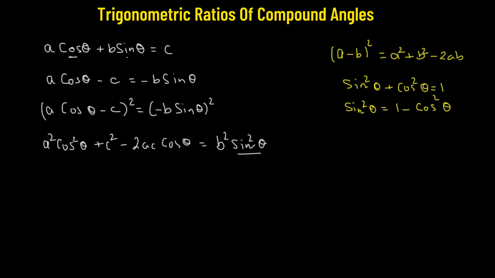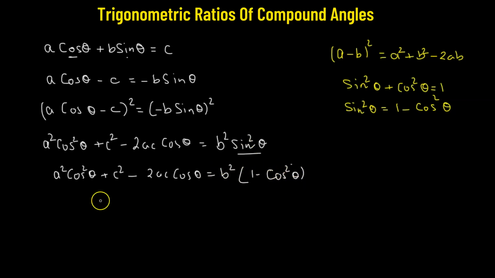The left hand side needs no change because everything is already in terms of cosine theta. We're only going to change b squared sine squared theta into b squared multiplied by 1 minus cosine squared theta. That gives us a squared cosine squared theta plus c squared minus 2ac times cosine theta equals b squared minus b squared cosine squared theta.